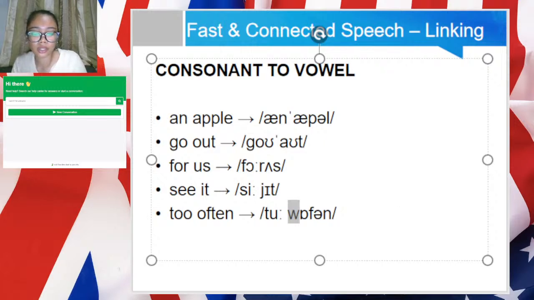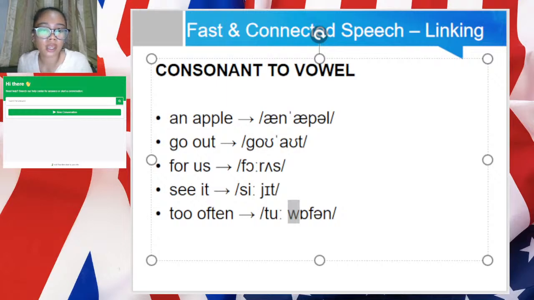So the reason we do this kind of fast and connected speech is just to identify how certain phrases can really adapt to each other so that they would appear as one. Just take note of that, everyone, because when you're really listening to native speakers, they use this a lot of times, and it might get you confused, especially when you are not used to it.